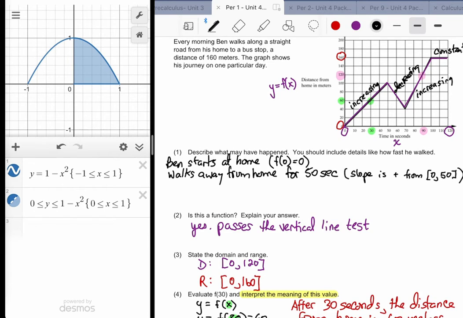The change in x is 50. So for that first piece, change in y over change in x is 100 over 50, which is 2. So he walks away from home for 50 seconds at a rate of 2 meters per second.